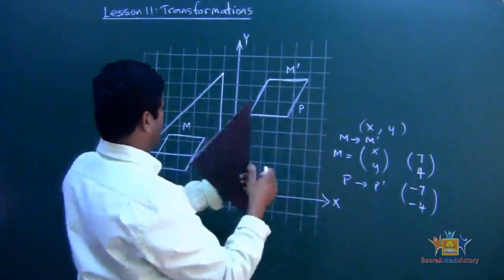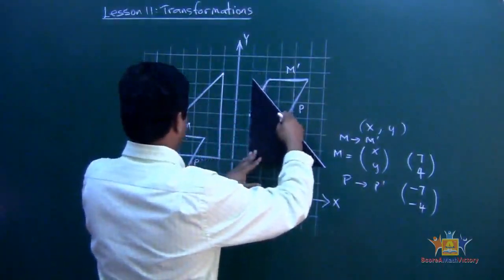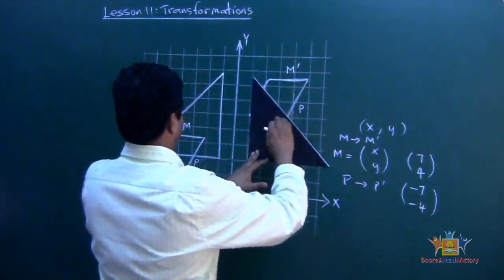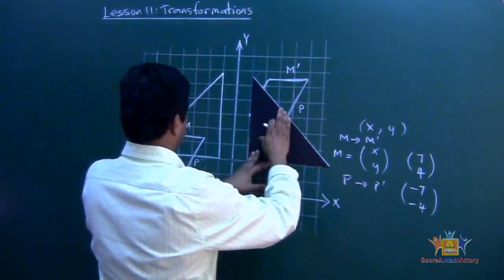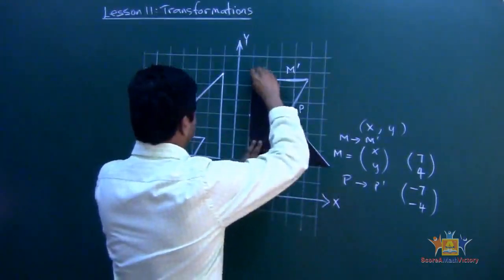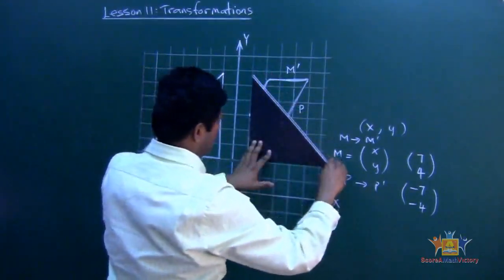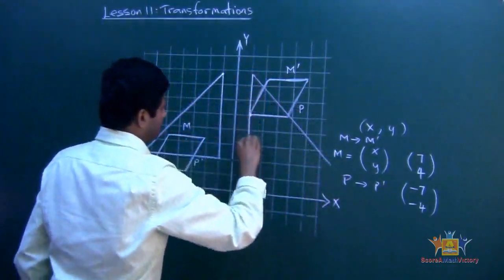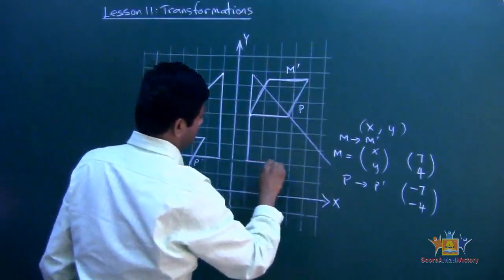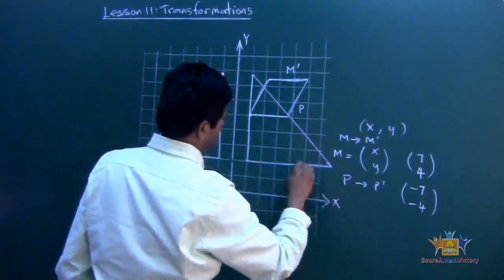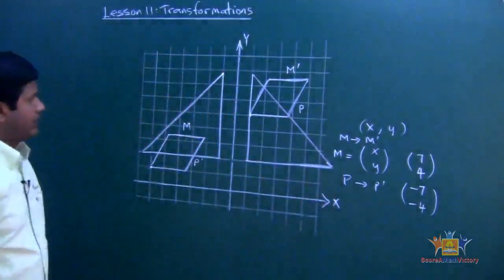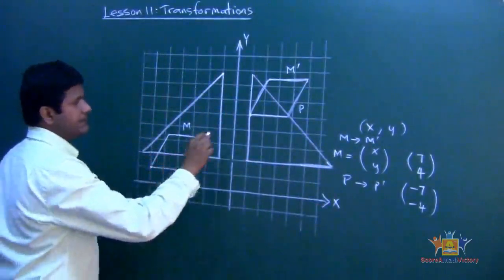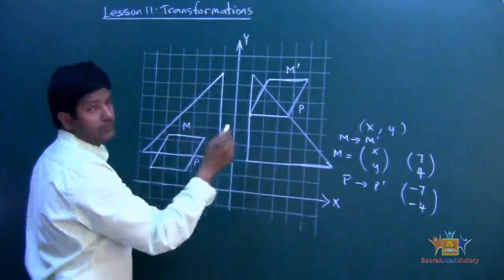Then I'm going to draw one right here, and then darken that. See the difference between this to that versus this to this.